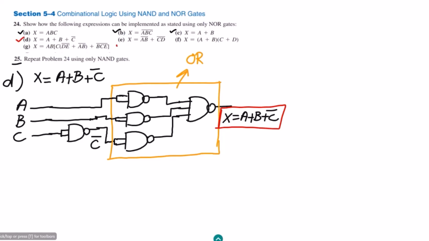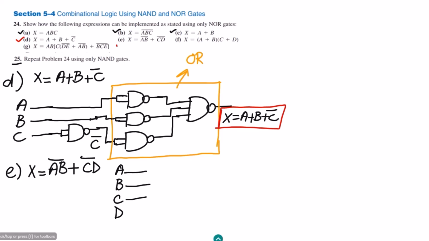Okay, so for part E, what do we have to do? In part E we have x equal to (AB) whole complement plus (CD) whole complement. We have this expression and we have to implement it by using the NAND gate. Because we have A, B, C, D, the 4 inputs are A, B, C and D, and the input lines are here.